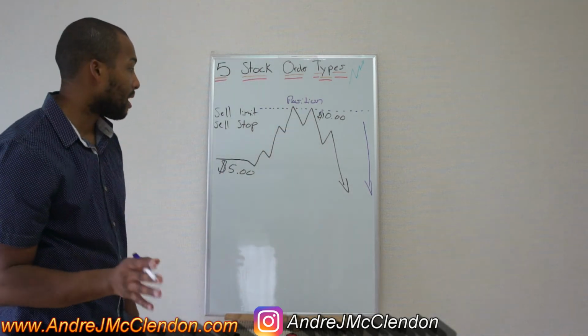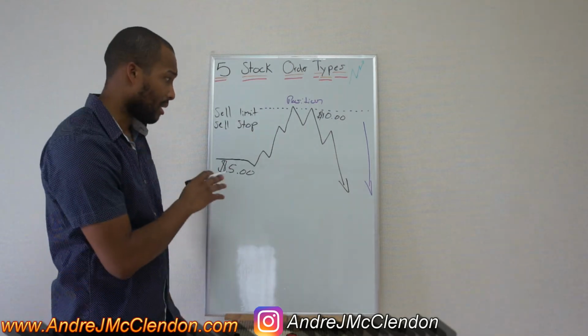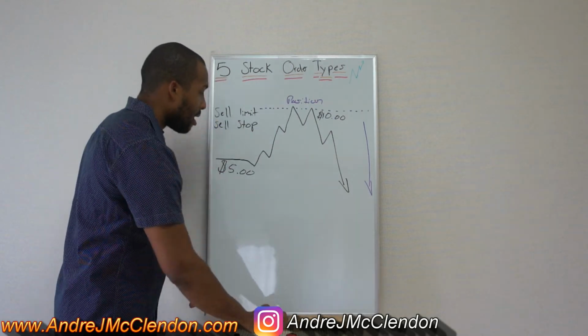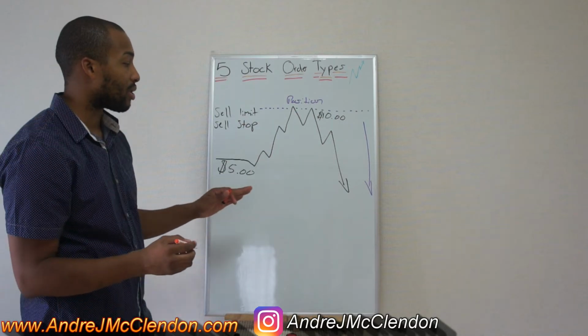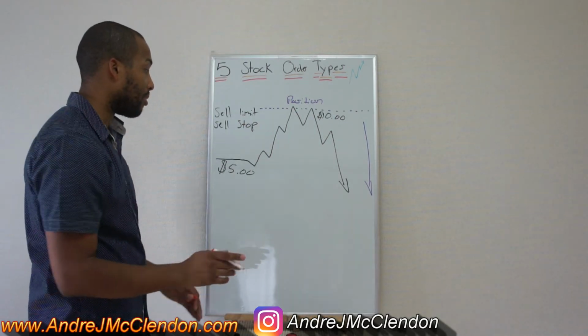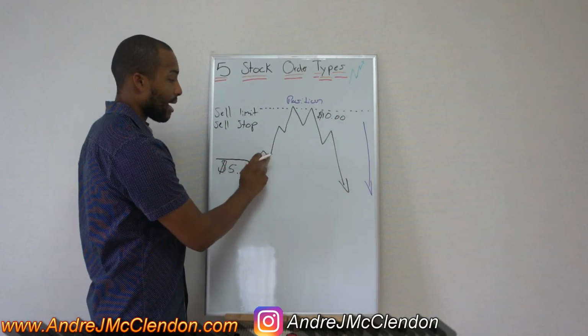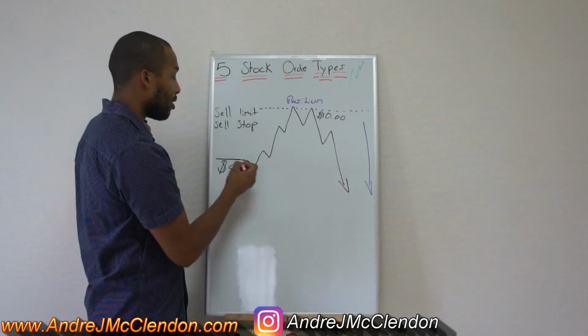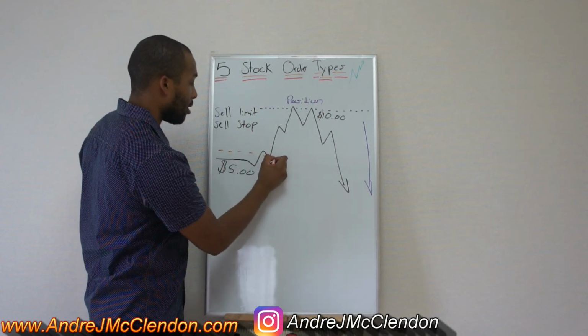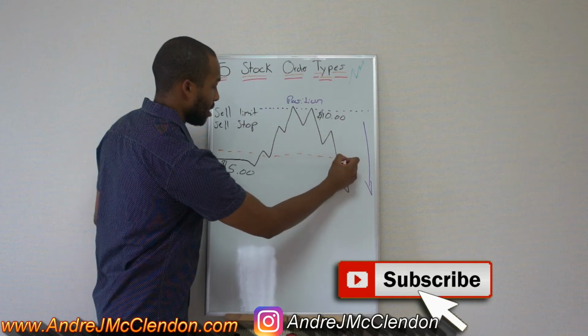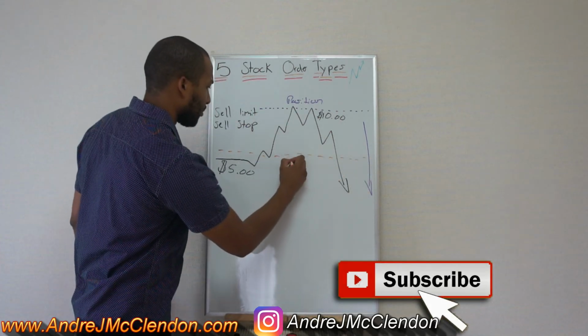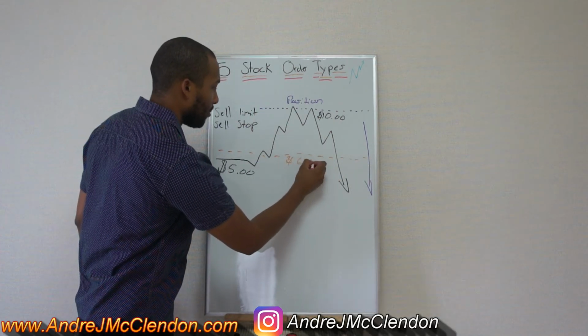Okay? So what is a sell stop? Similar to a buy stop, just like a sell limit, but a sell stop implies that the market is trending at a certain point, and that's where you want to go in. So right here, the market is taking off. Cool. You put in your sell stop at this price here. Just say this is at the $6 level.